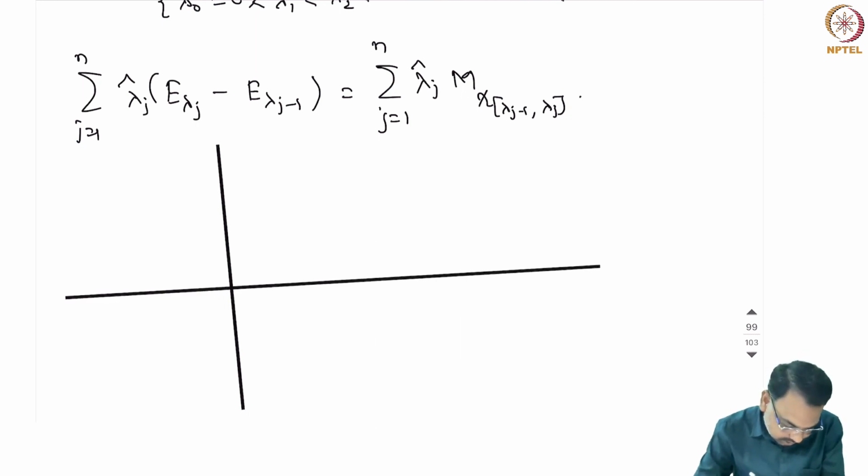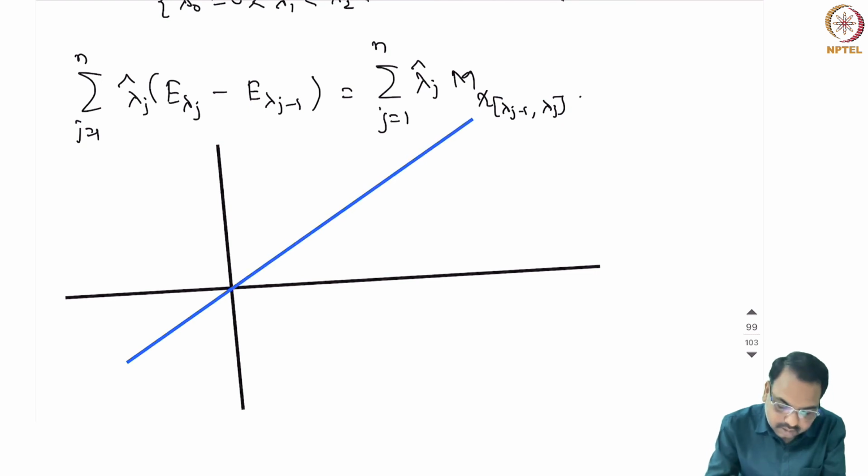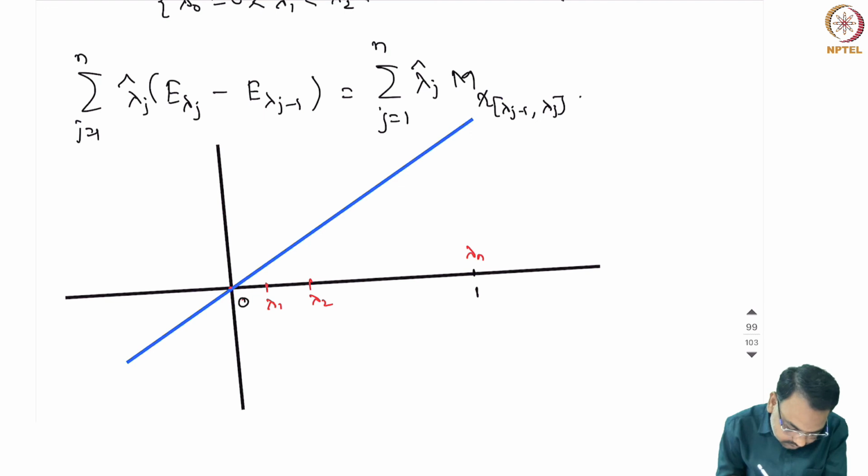Okay, so let us look at f of t equal to t. So this is 0, this is 1. So we are taking a partition. This is lambda_1, lambda_2, so this is lambda_n, and 0 is lambda_0.